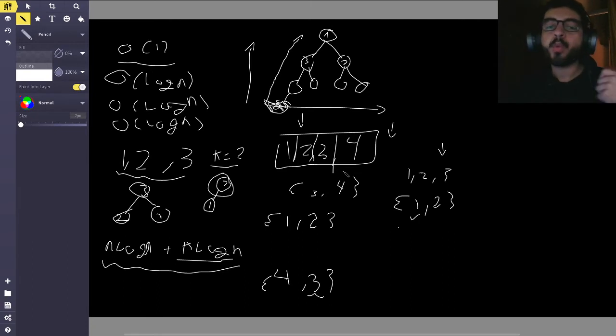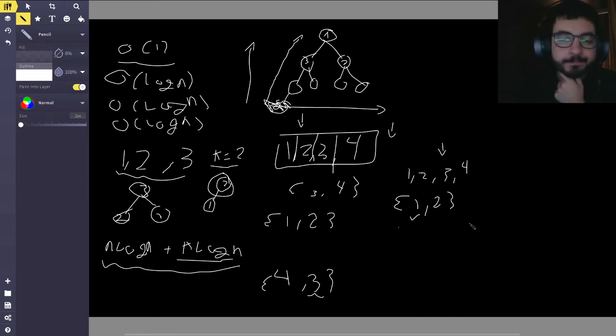So what if that didn't happen? Like here, 1, 2, and 3, let's say this is 4 also. Well, what would happen if it's not correct? When we go to 3, let's remove 4 for now. When we go to 3, is removing 2 a valid choice?